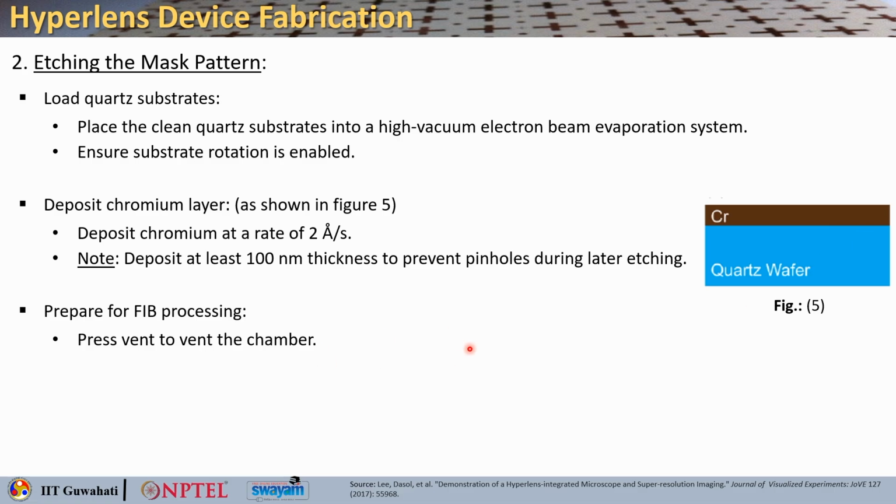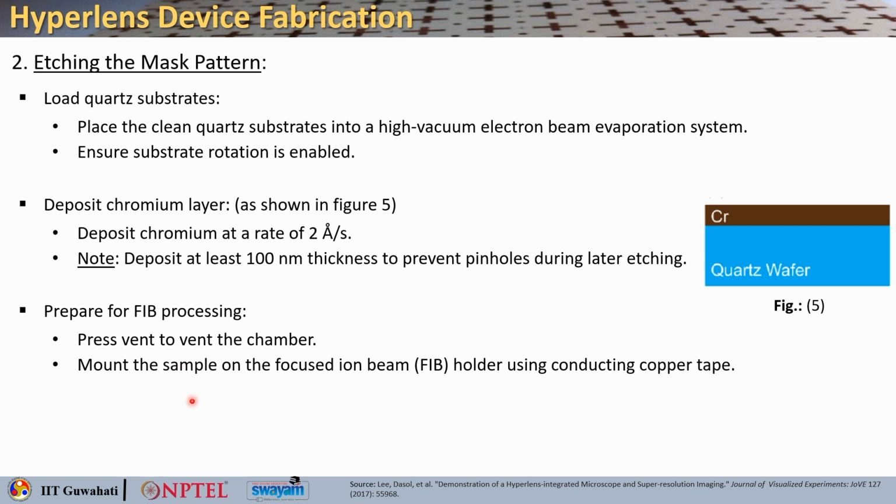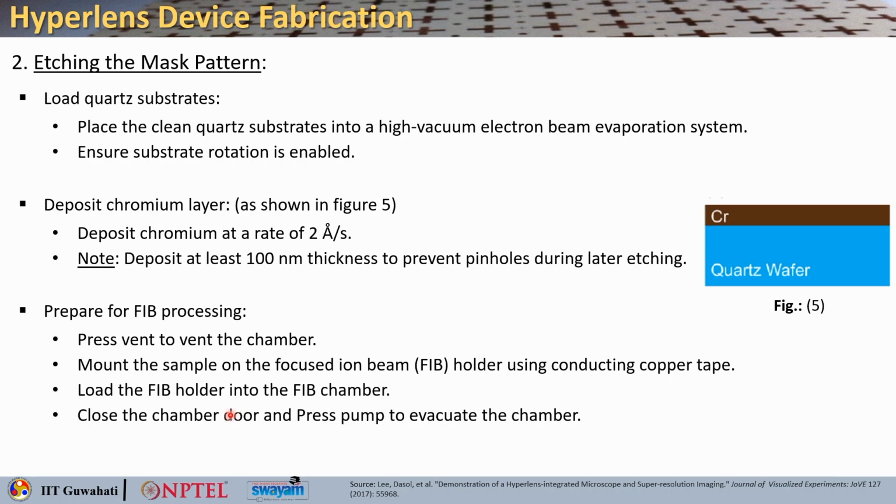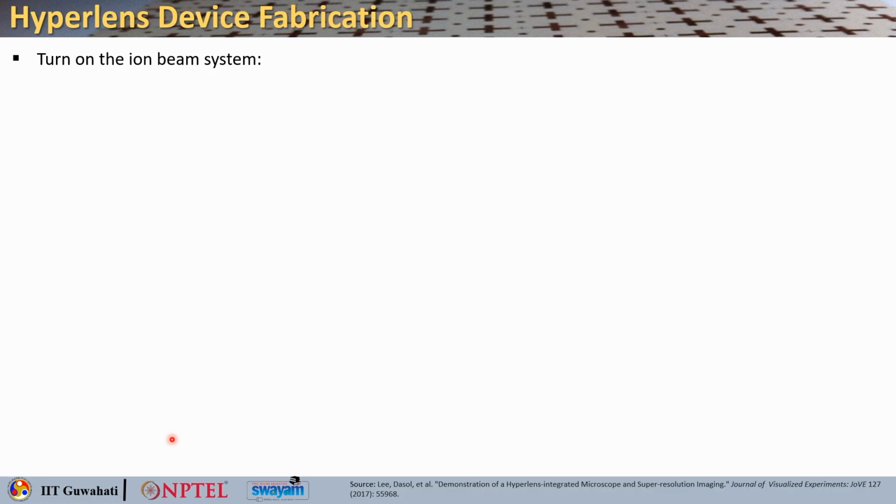And after that you prepare for the milling process, that is a focused ion beam kind of milling process. For that you need to vent the chamber. You mount the sample on the focused ion beam holder using some conducting copper tape. Then you load the FIB holder into the FIB chamber, close the chamber door, and use the pump to evacuate the chamber again.